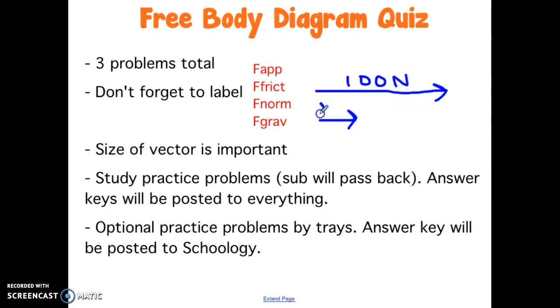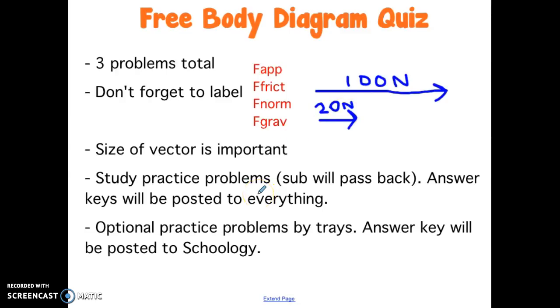So just please make sure that you're looking, and like I said, when you have 2 numbers that are very different like this, the 100 and the 200, I should see a big difference in regards to the size of the vector, and that is something I will check on the quiz. So exaggerate it. If it's 120, it should be obvious that the 100 is larger. So again, I'll remind you tomorrow before the quiz, but I wanted to remind you now as well.